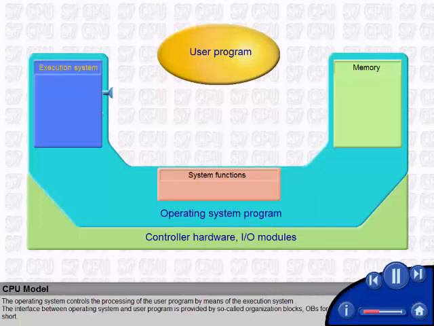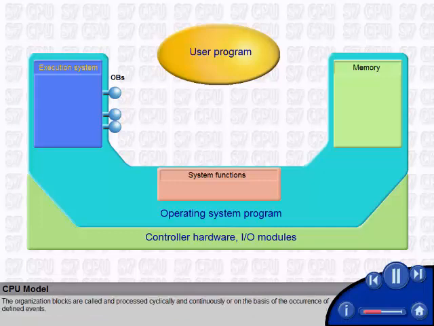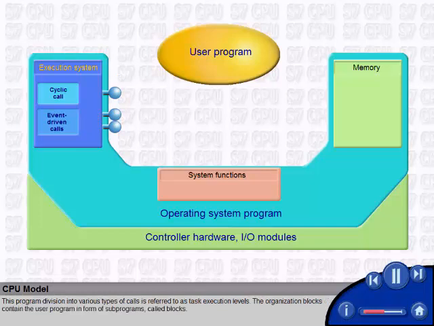The interface between operating system and user program is provided by so-called organization blocks, OBs for short. The organization blocks are called and processed cyclically and continuously, or on the basis of the occurrence of defined events. This program division into various types of calls is referred to as task execution levels.